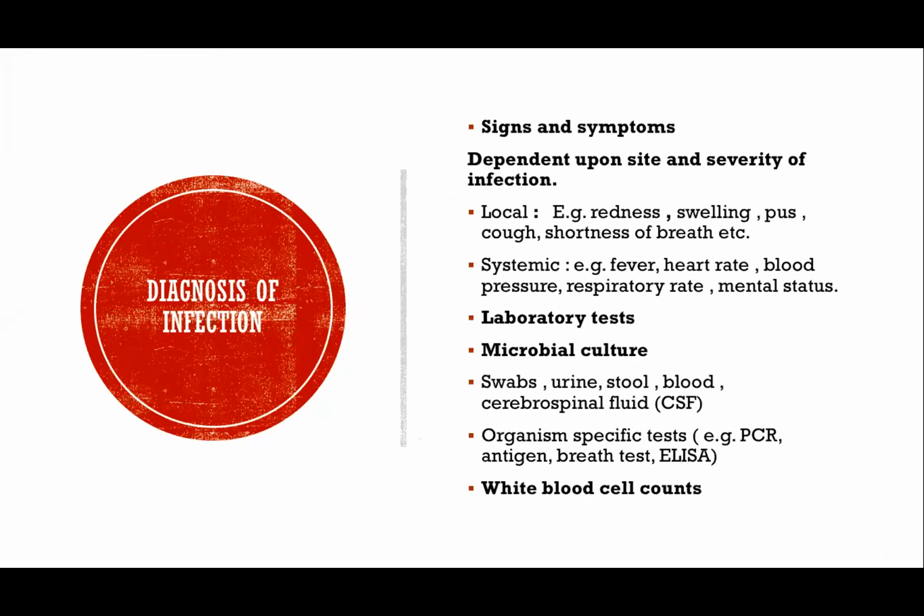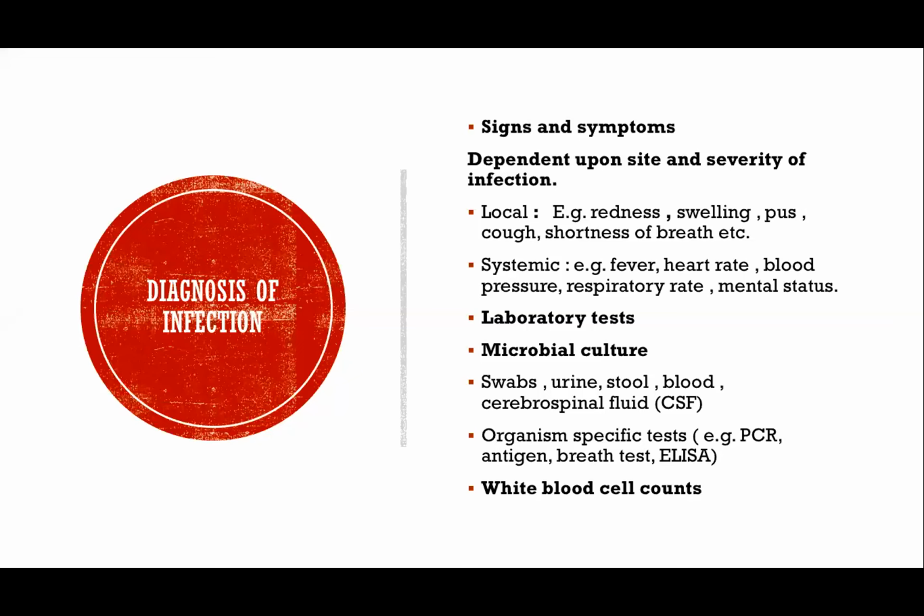So in this slide, we are going to talk about the diagnosis of infection. What are the signs of infection? It depends on the site and the severity of the infection, like local redness, swelling, pus, and cough and shortness of breath.